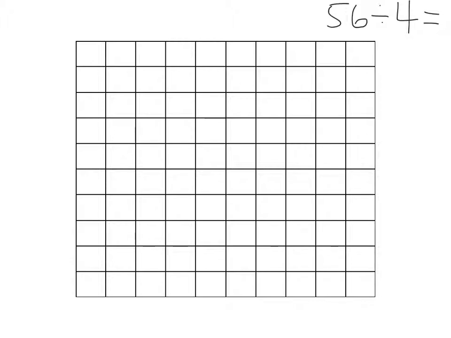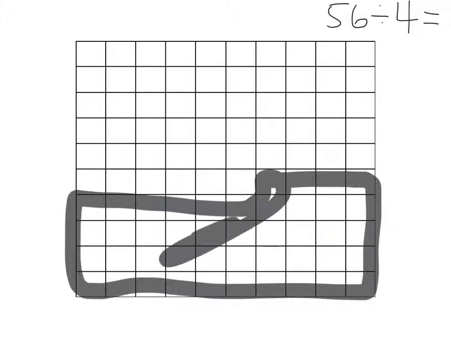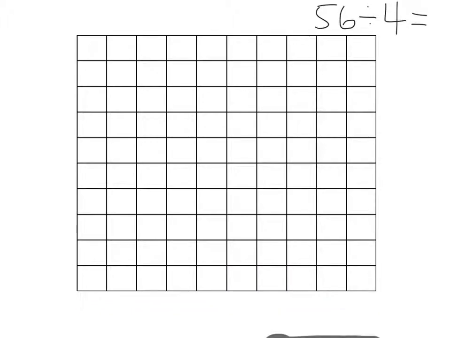So in the hundreds chart method, the first step is the same. You're going to have to cut off the parts of the chart that you don't want. So step 1, you're going to start with your empty hundreds grid, and you're going to cut off everything that you don't need.